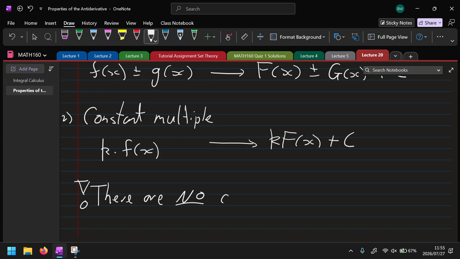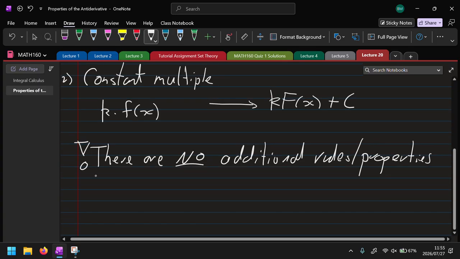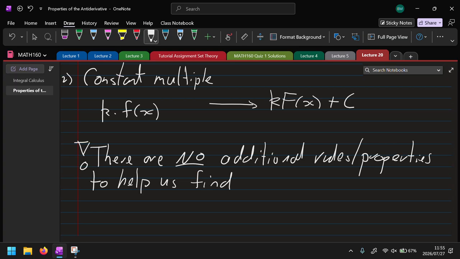There are no additional rules or properties to help us find the antiderivative. So if I give you a product of 2 functions, there's no antiderivative product rule. If I give you a quotient of 2 functions, there is no antiderivative quotient rule. You have to take every problem case by case.